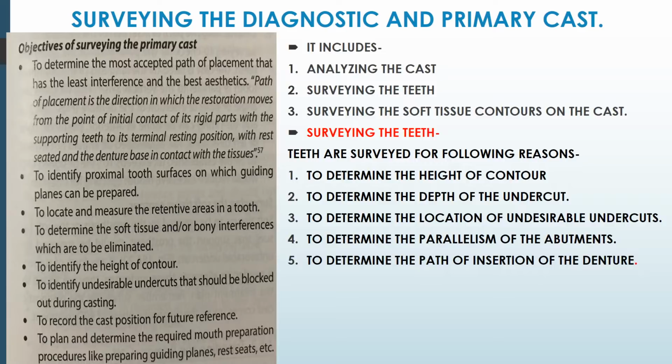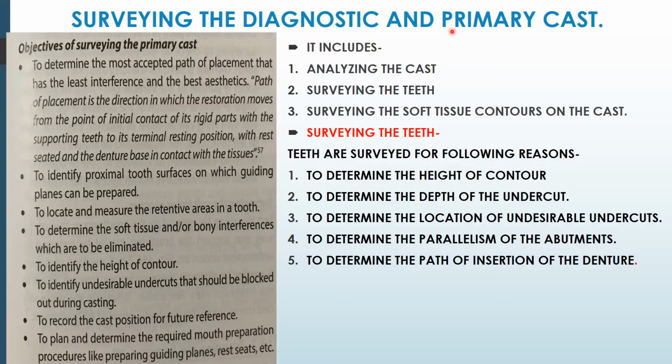The diagnostic cast should be surveyed before the treatment planning, whereas the primary cast is surveyed after the completion of the pre-prosthetic mouth preparation. So diagnostic, as the name says, you're using this cast for the diagnosis and you're doing this before treatment planning. And primary is when you have done all the, if the patient requires any surgical treatment to be done, so at that time pre-prosthetic mouth preparation is to be done.